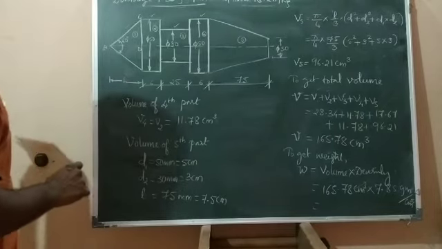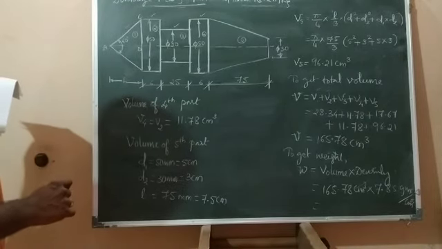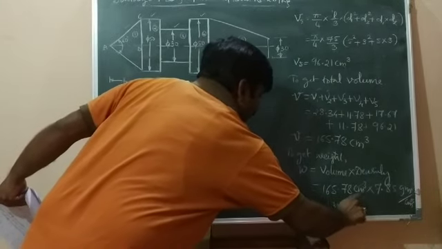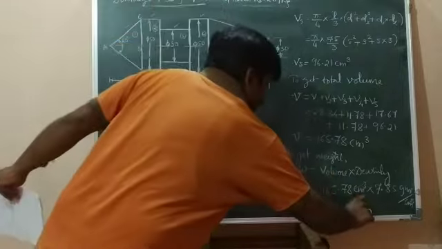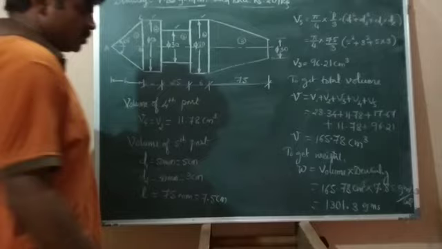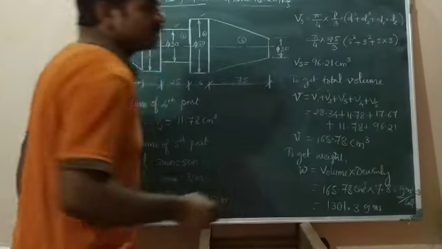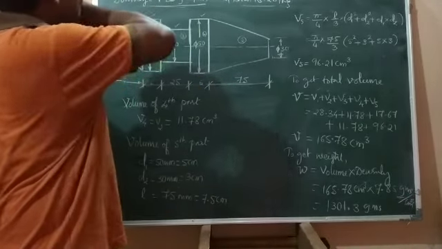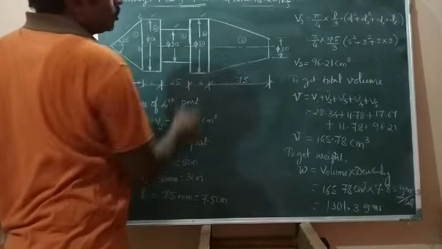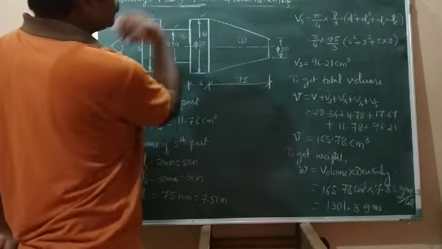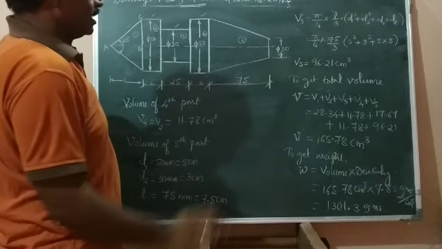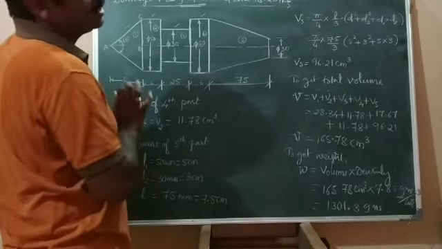So 165.78 into 7.85, that will come around 1301.3 grams. Surely we will obtain the solution in terms of grams only, because the density is given as 7.85 grams per centimeter cube. While multiplying, centimeter cube gets cancelled, so grams will remain as a unit here. Okay. So what is the next step? Just we obtained weight.